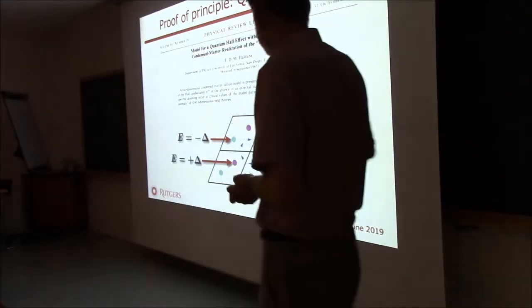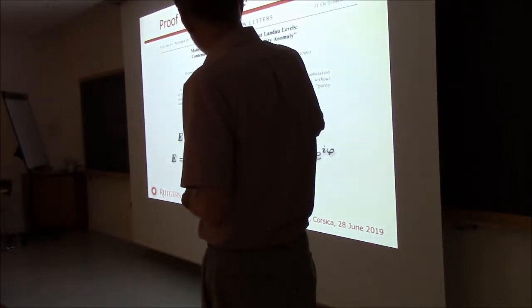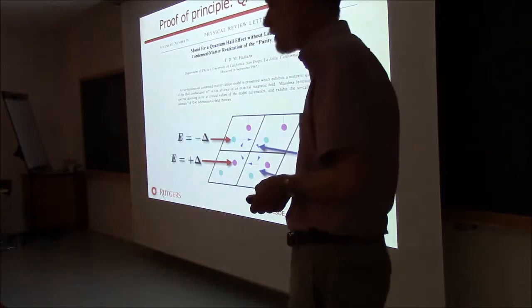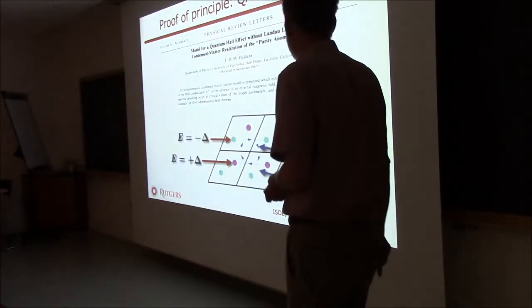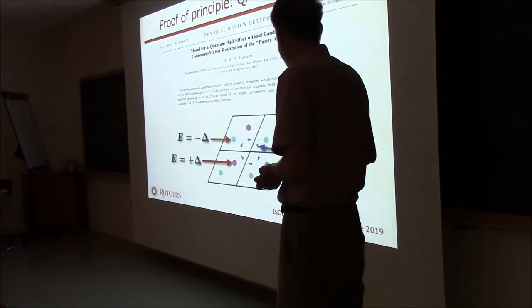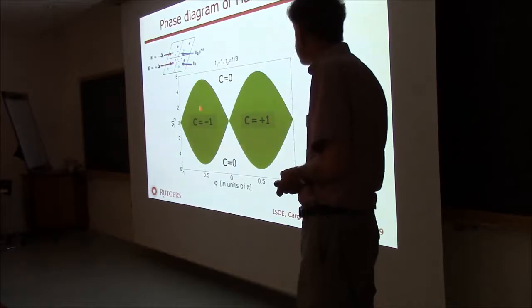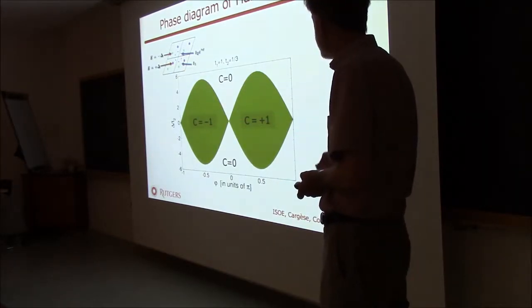Phi, t1, t2 and delta are parameters in the theory. Delta allows for different site energy. So for example, if delta is not 0, it's more like boron nitride, whereas if delta is equal to 0, it's more like graphene. And what he showed is that this little model is trivially solved, and when you solve it, there are regions of the phase diagram where the Chern number is +1 or -1.